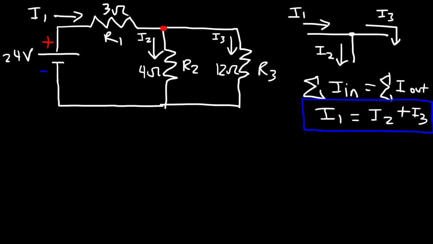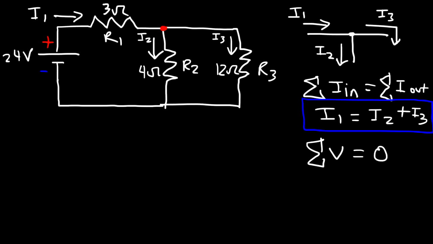Now the next thing we need to talk about is Kirchhoff's voltage law, which is important when using the loop rule. That law states that the sum of all the voltages around a loop, or around a closed circle, must add to 0. When going around a loop, you need to determine which elements will create a positive voltage contribution to the circuit and which will create a voltage drop, or a negative contribution.